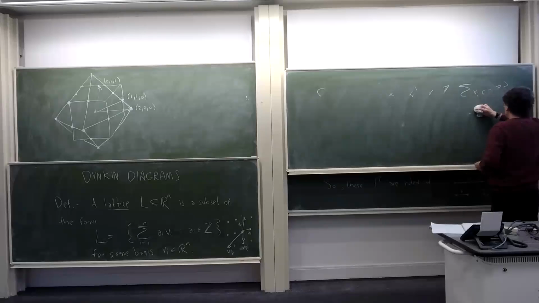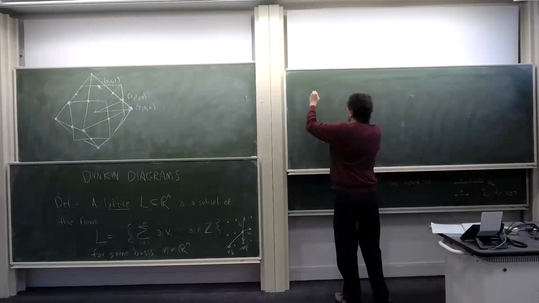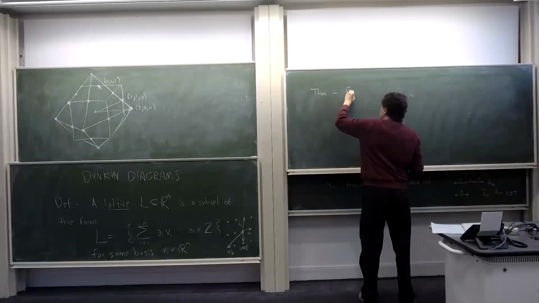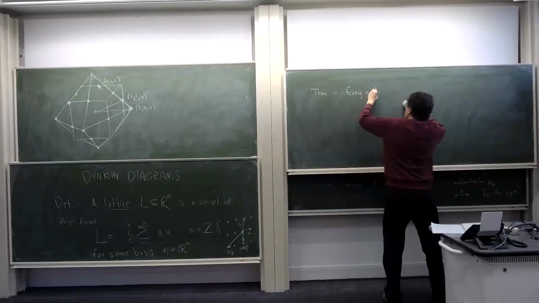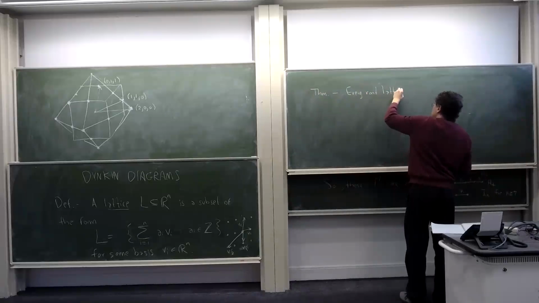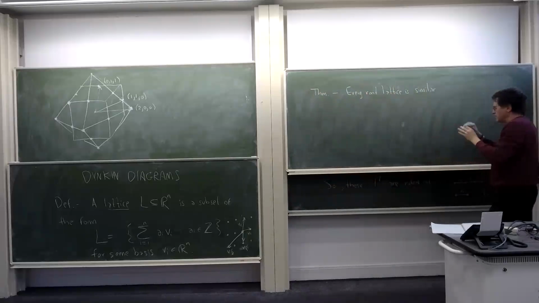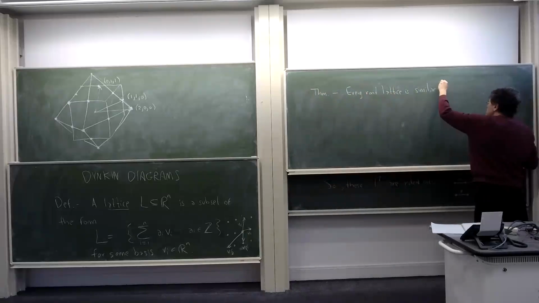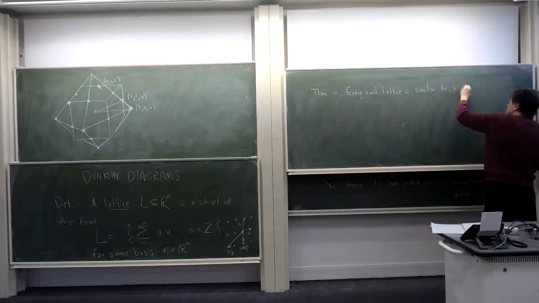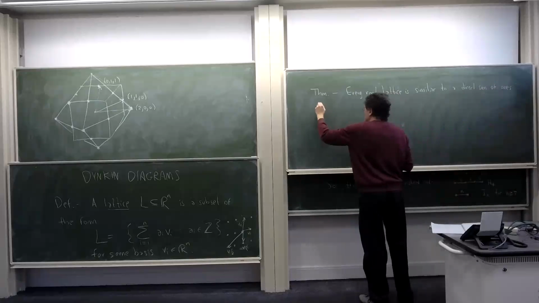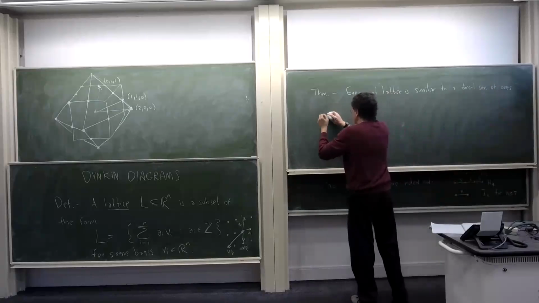But then there's this theorem which says that every root lattice is similar, by which I mean you can get it by rotating and expanding or shrinking, to a direct sum of ones like these, direct sum of these.